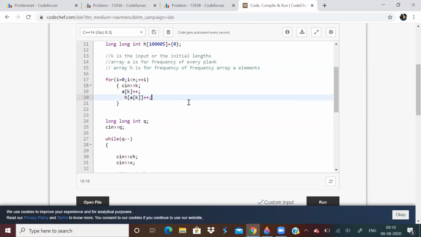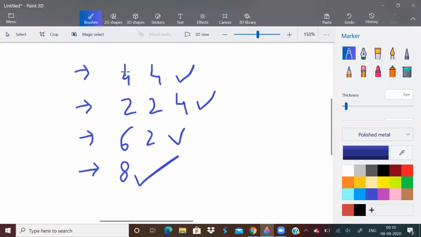I want to know how many 2s are there, but I also want to know how many elements are there which satisfy these conditions. That is, how many elements have a frequency 4? How many elements have frequency 2?